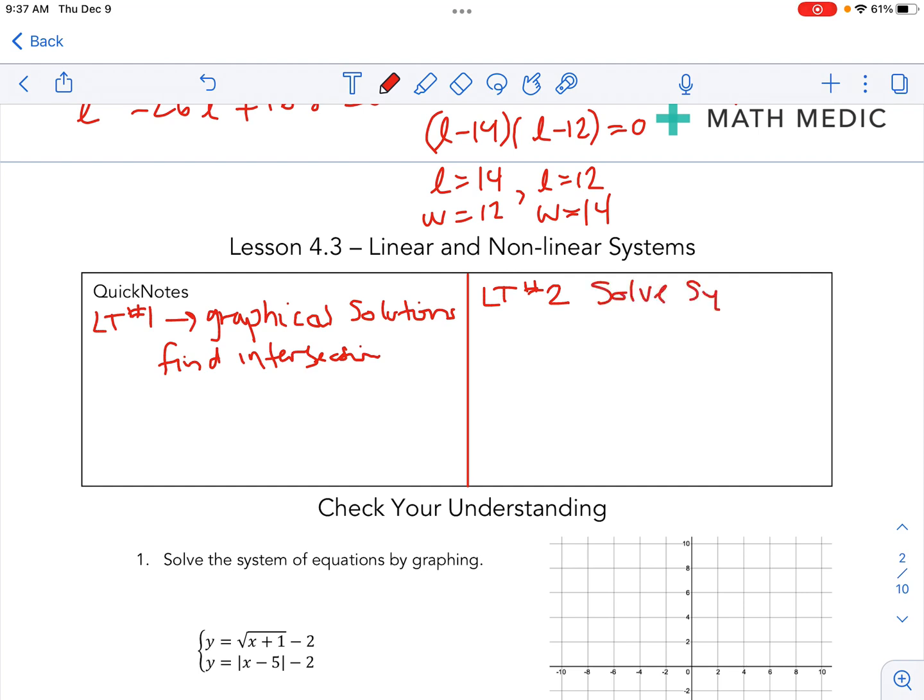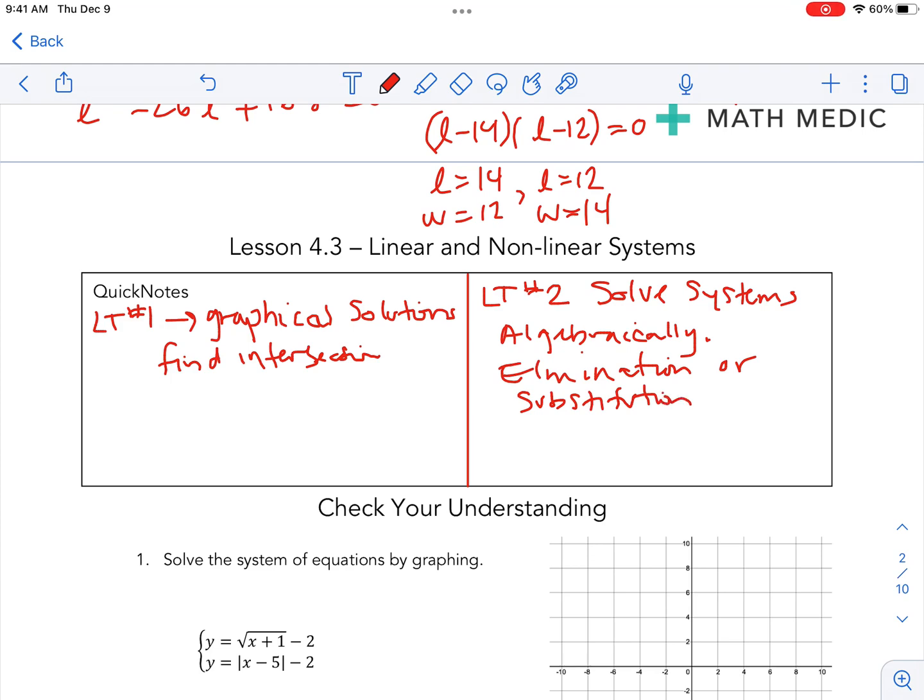Learning target 2 is that you can solve systems analytically, algebraically. If you are going through the algebra, then you can get the system all solved using algebraic techniques. Those algebraic techniques involve elimination or substitution.